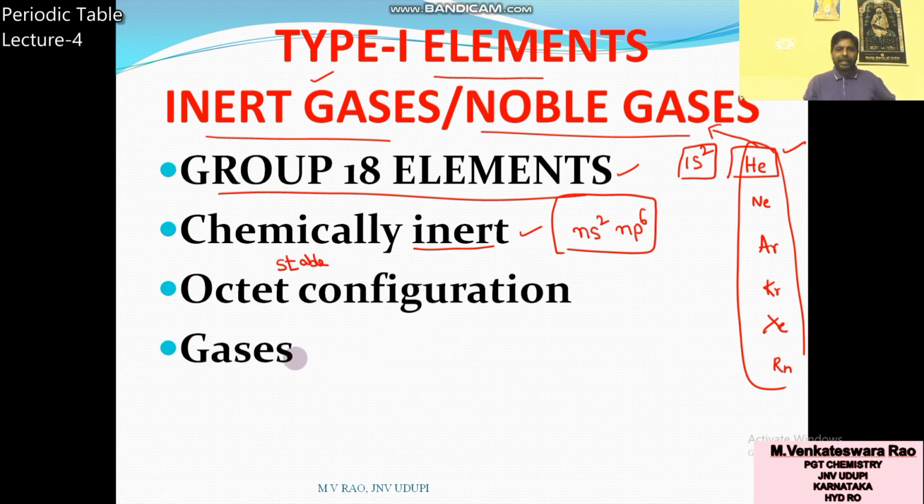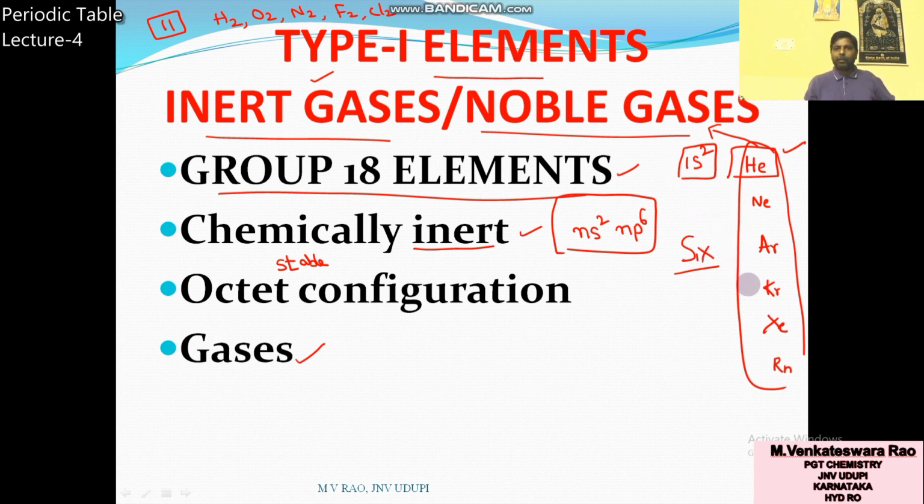All these are gases only. You know how many gaseous elements are there in the modern periodic table? 11 gaseous elements. In that 11, these 6 plus the remaining 5: hydrogen, oxygen, nitrogen, fluorine and chlorine.